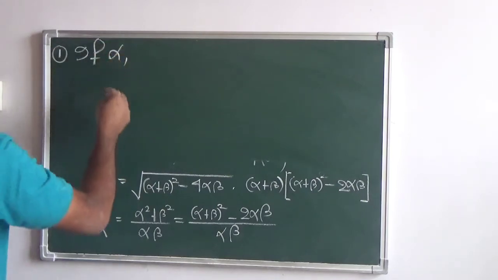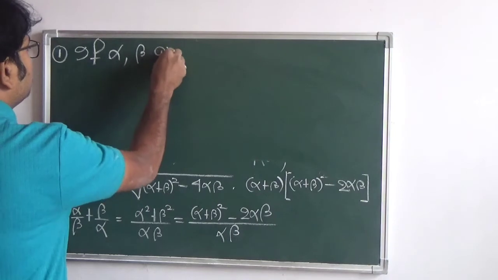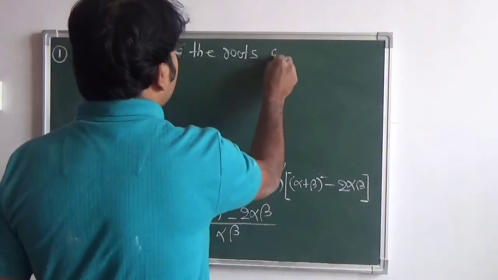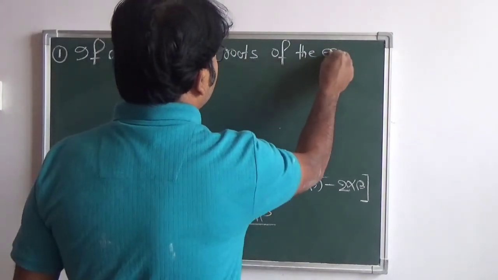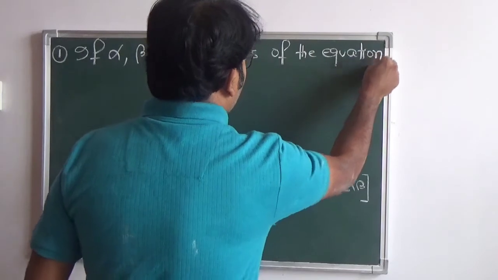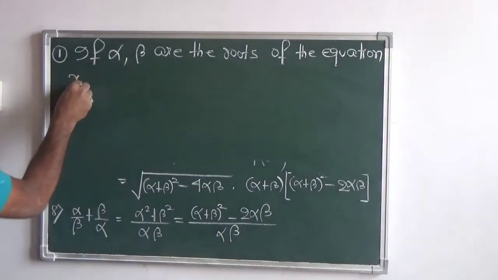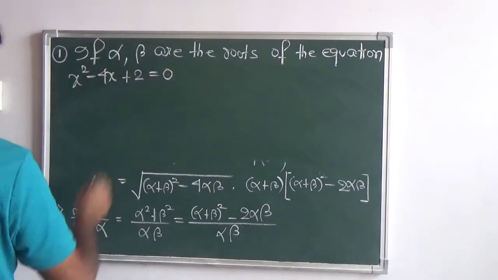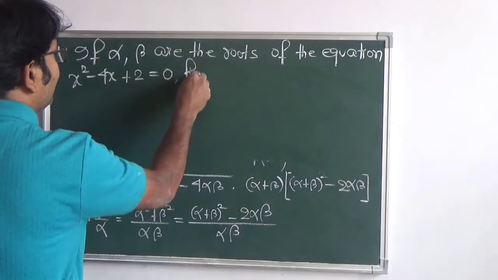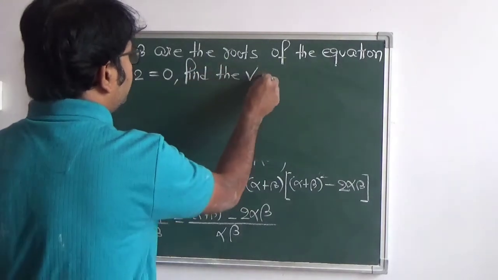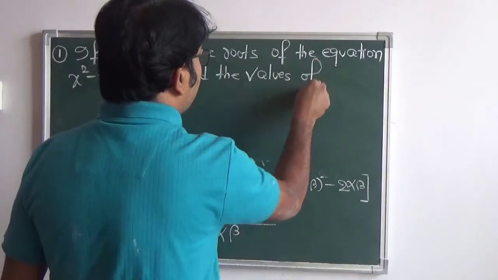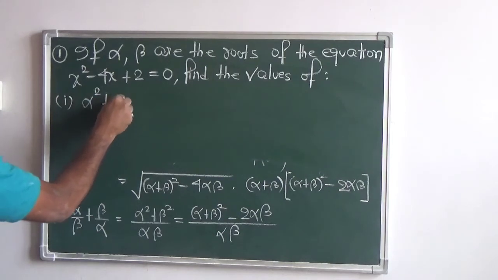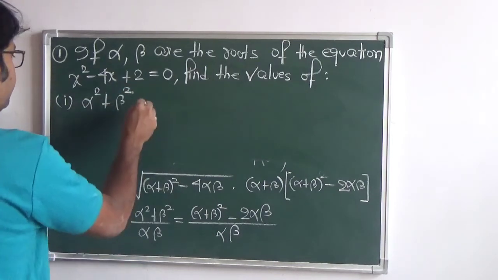If alpha beta are the roots of the equation x square minus 4x plus 2 equals to 0, then find the values of number 1, alpha square plus beta square.